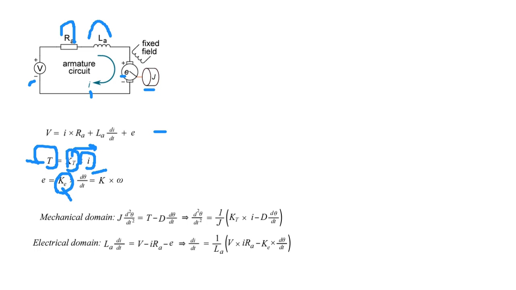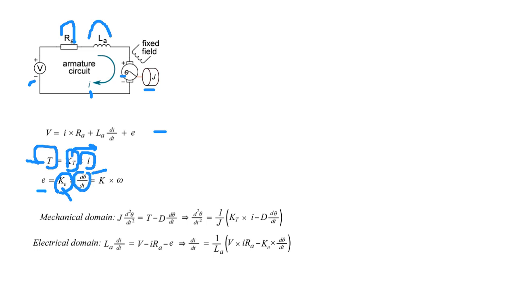So another one, E. E means back EMF. How can we obtain back EMF? Ke times d theta over dt. What does it mean? Ke is the back EMF constant, and d theta over dt is the derivative of the rotor position. It means E equals, and actually you know the derivative of rotor position means speed.